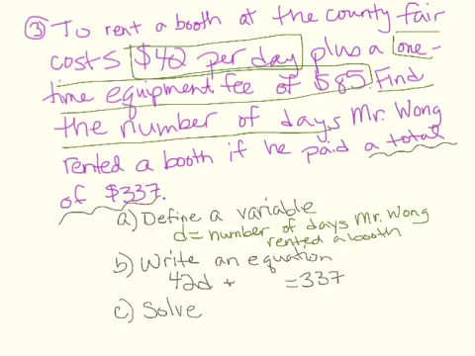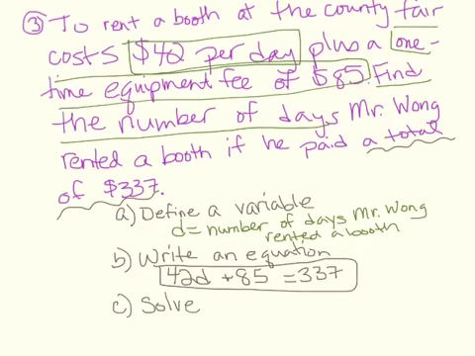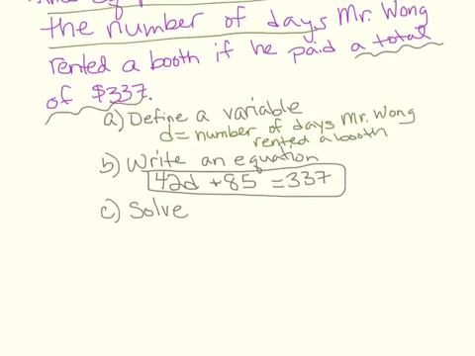So then we're going to write that as 42d plus 85, and that equals 337. If you get this far when you're doing these problems, you will get at least 2 out of 3 points, which is pretty good. However, I want you to get 3 out of 3 points, so we're going to go ahead and solve the entire problem.